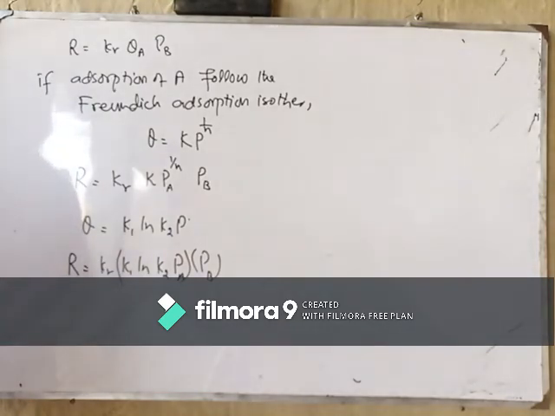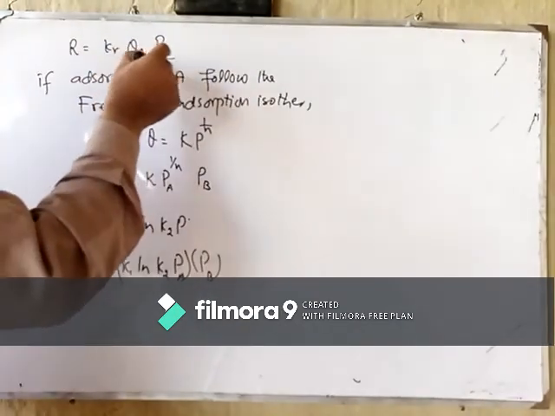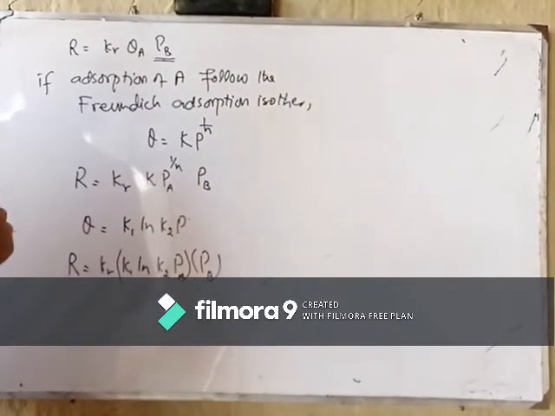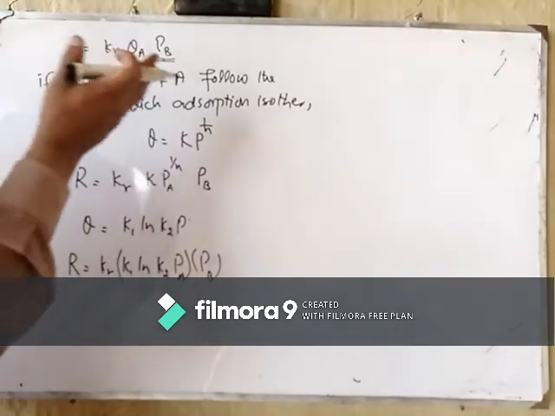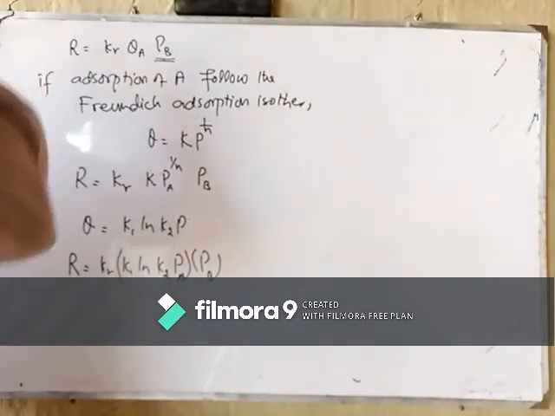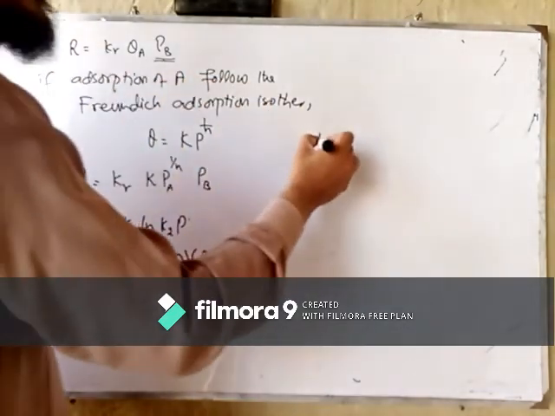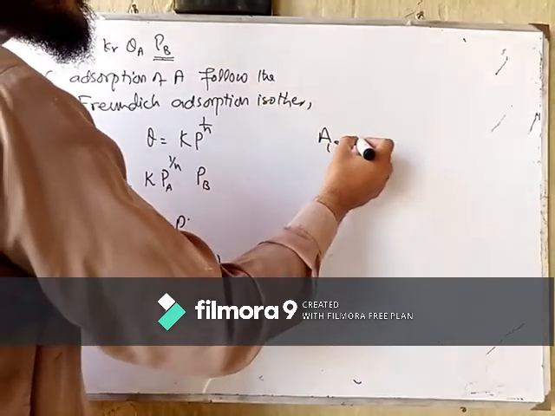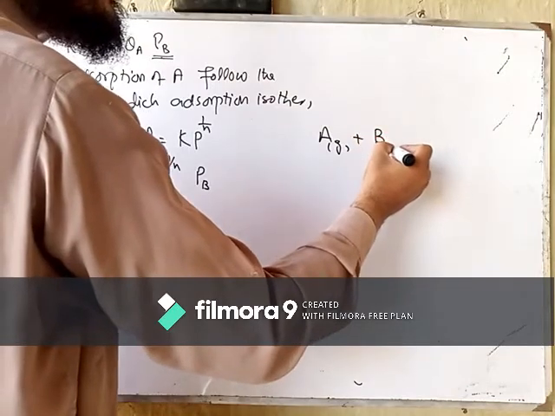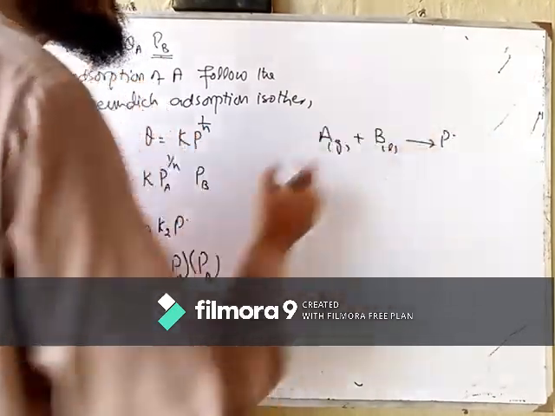अब इसमें ये PB गैसियस फेज में है, ये भी पॉसिबल है कि एक गैसियस फेज में हो और दूसरा लिक्विड फेज में हो. अगर लिक्विड फेज में है तो फिर यानी A in the gas phase plus B in liquid phase gives the product.